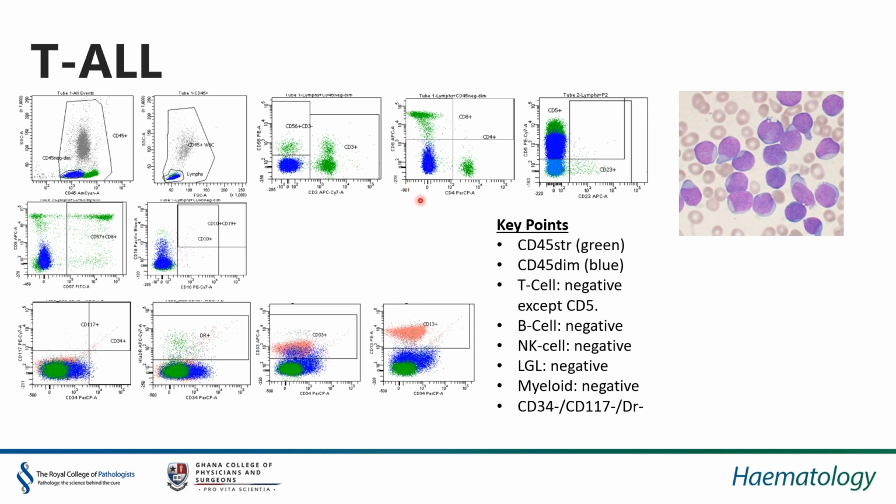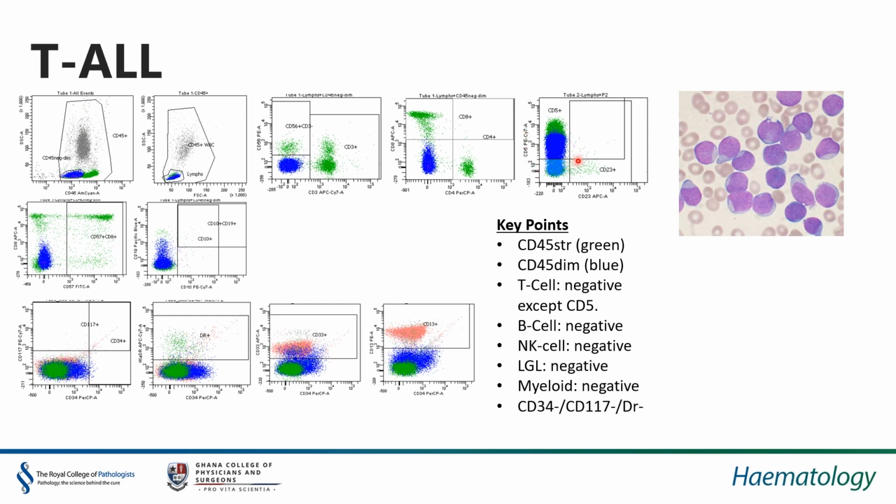This next plot has got CD5 versus CD23, and you can see that our normal lymphocytes have a stronger CD5. We can see that our population of interest, our malignant population, has a much weaker CD5 expression compared to the normal T cells.